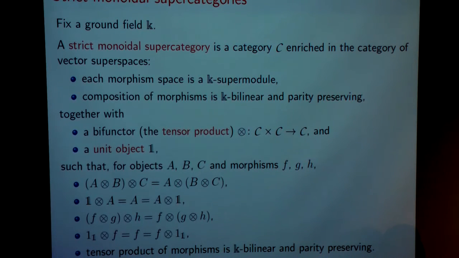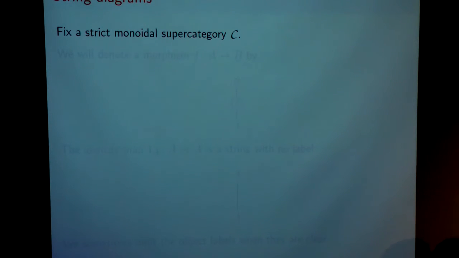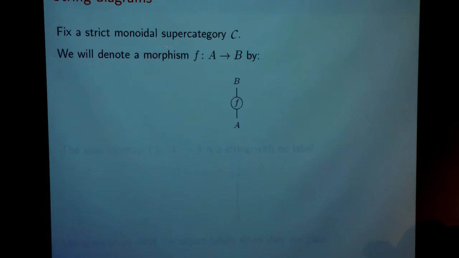It's just like a linear monoidal category, except that you're enriching in the category of superspaces instead of vector spaces. And so the string diagram formalism that we'll use is just like the one we use for usual monoidal categories. If we have a strict monoidal category C, a morphism from A to B will be a string going up the strand. The domain is written at the bottom, the codomain at the top.